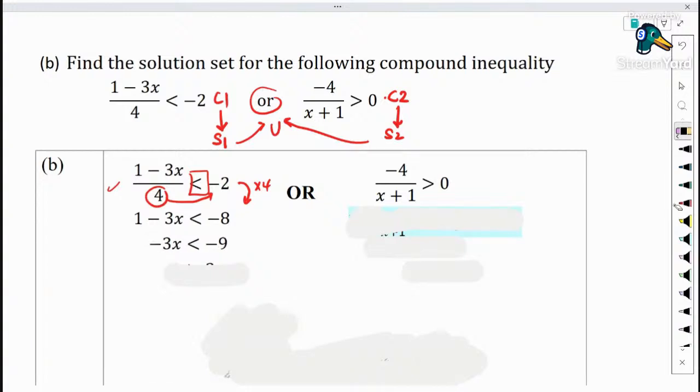Rearrange, I have negative 3x less than negative 9. Then this simple linear inequality I can solve and get the answer x greater than 3. What happened here is that I divided both sides by negative 3, so the inequality sign needs to change direction. Watch out. If you don't understand why it needs to change direction, think of it this way. Let's say I have 0 and also 6.